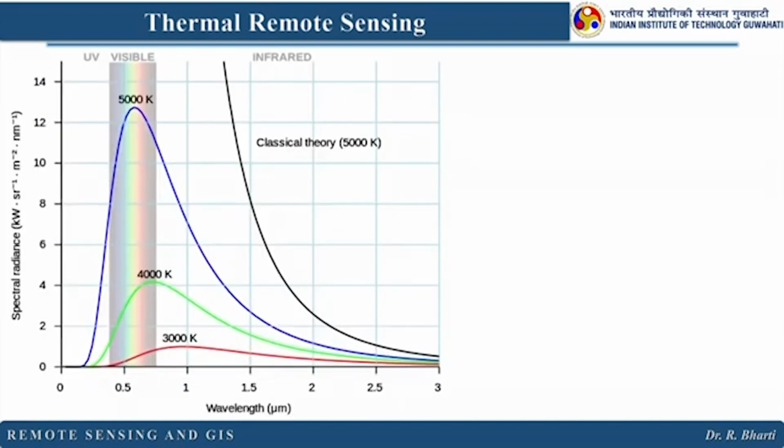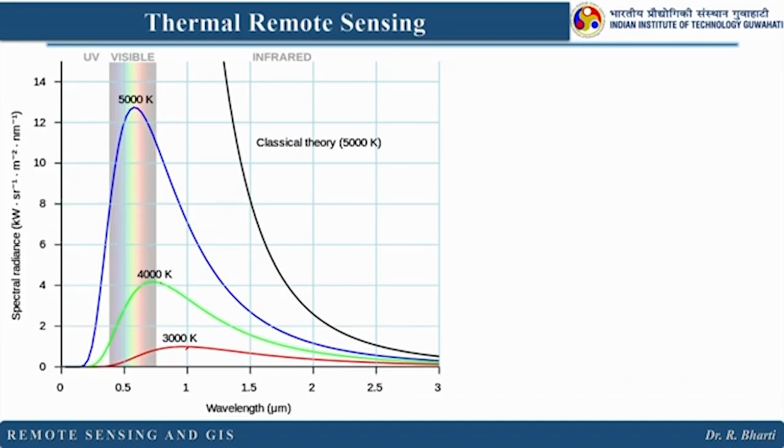So here if you see this particular curve, 5000 Kelvin, 4000 Kelvin and 3000 Kelvin have been plotted. Now let us correlate with all other basics.